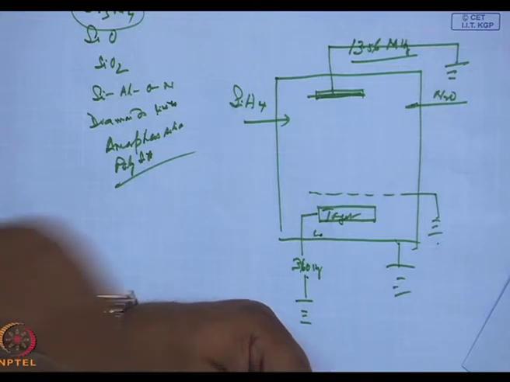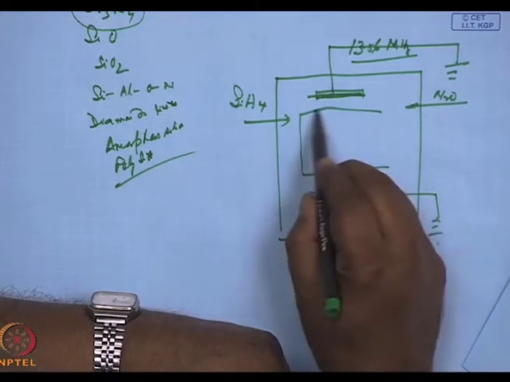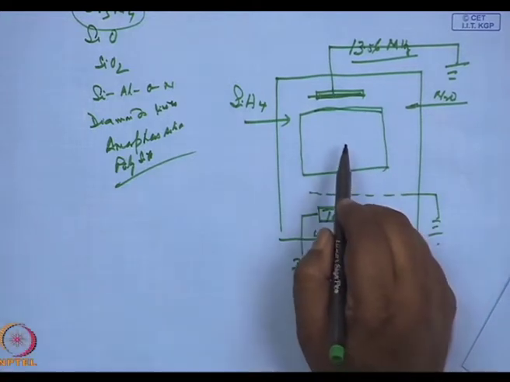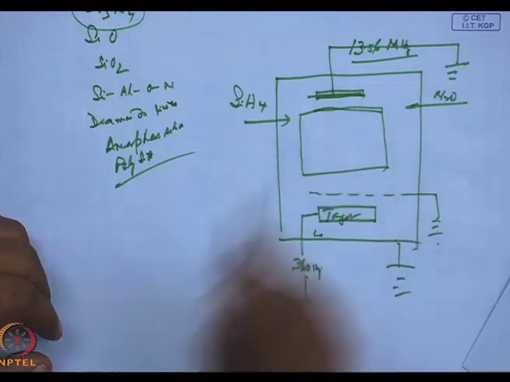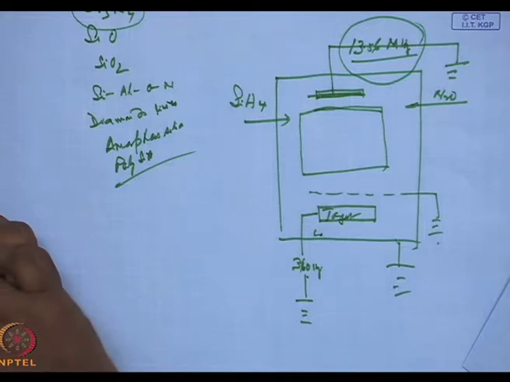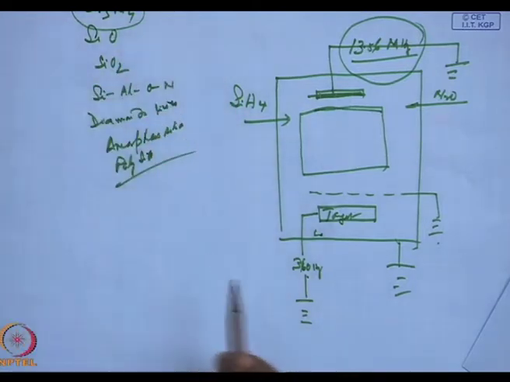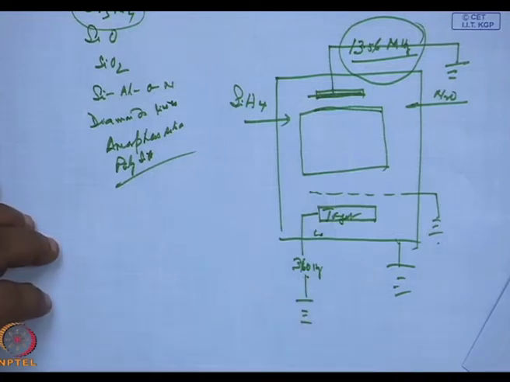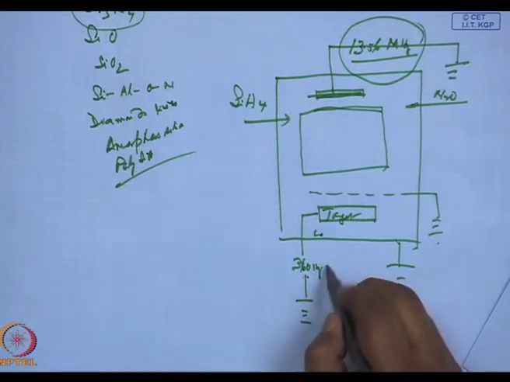In this case, the plasma volume will cover this whole area, and the advantage is here I have put in an RF frequency of 13.56 megahertz, and here I have got a lower frequency of 360 hertz, sorry, kilohertz.